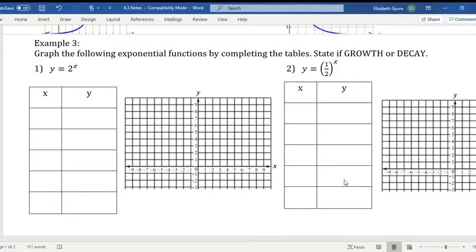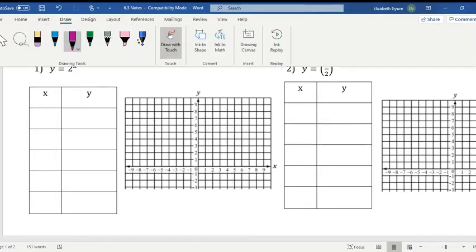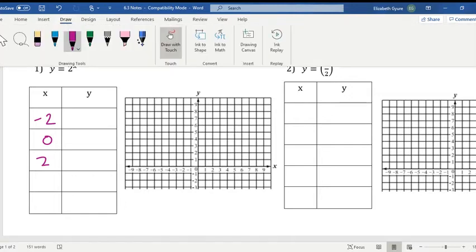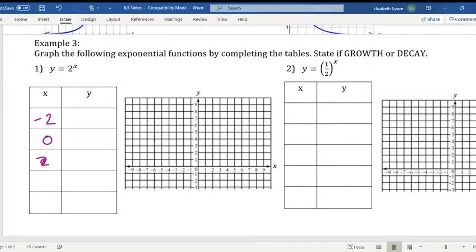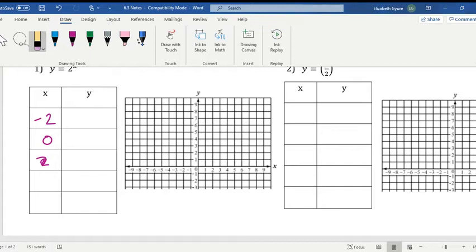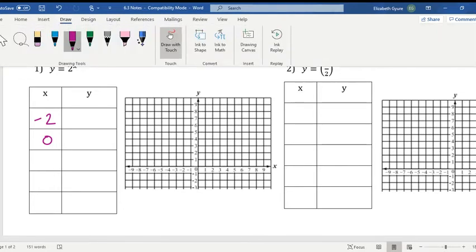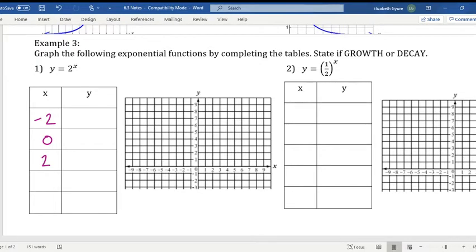And to keep our life simple, we're going to pick the same 3 points every single time. We are always going to plug in -2, 0, and 2. And that's just to keep our life easy, to make sure we have a reasonable curve in our graph. So -2, 0, and 2. So here is what we are going to do.